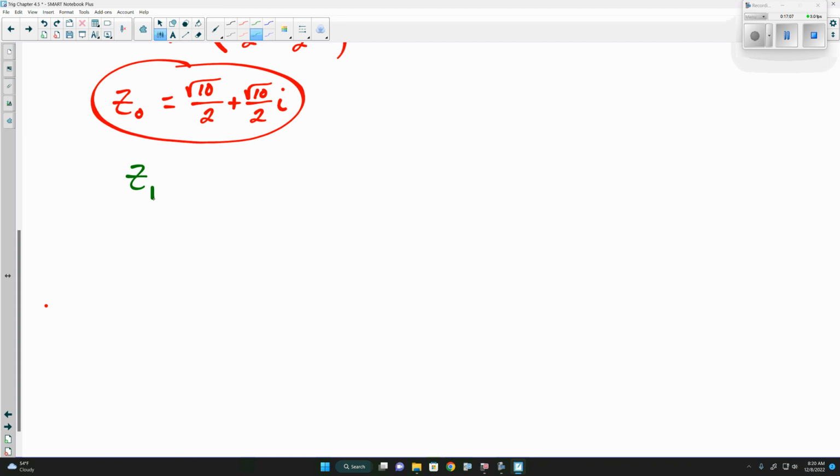Now we have z1, because we have to do it twice. We have to do it for every value of k that we have. So here we have 2 of them. So we'll do z1, which is equal to the square root of 5. Now for some of these, we'll have one later where the radical does reduce. And if it does, here it doesn't, I don't rewrite it.